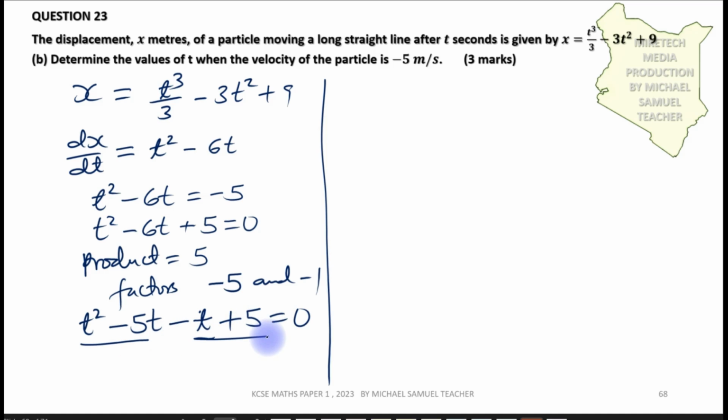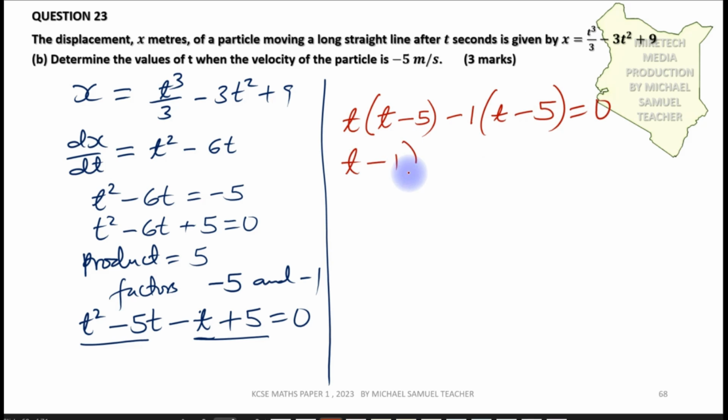Therefore I take them in pairs and factor out what's common. In the first part t is common, so I get t into bracket t minus 5. Then in the other part 1 is common, so I get t minus 5 is equal to 0. Therefore t minus 1 multiplied by t minus 5 is equal to 0. Therefore t is equal to 1 or 5.